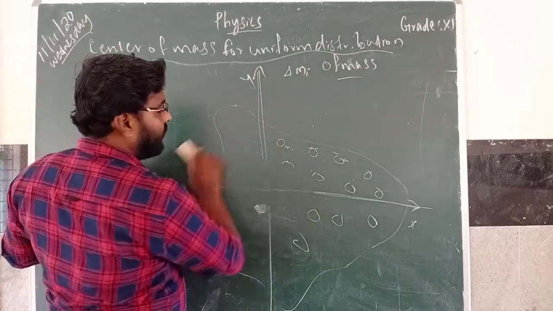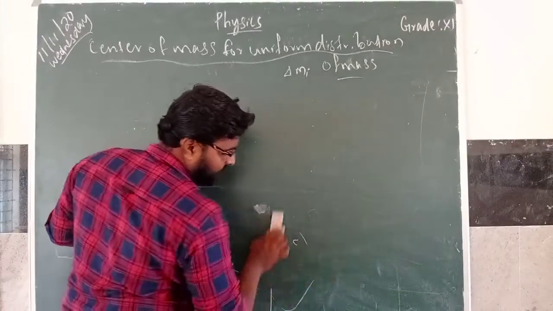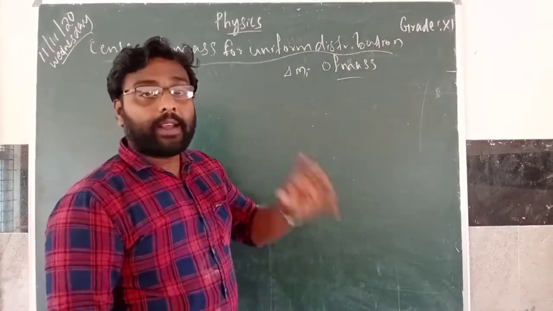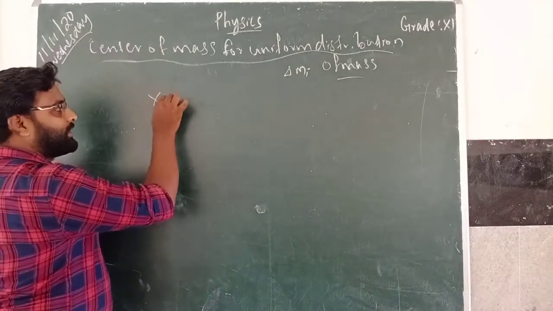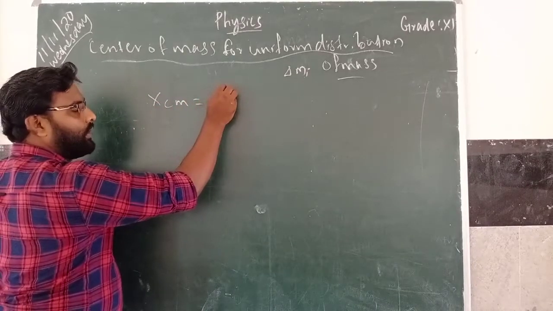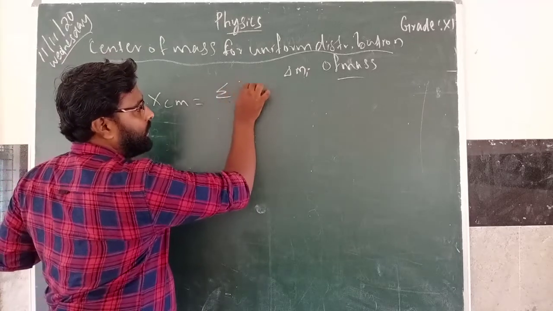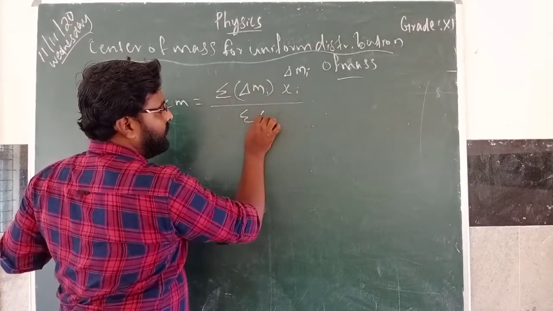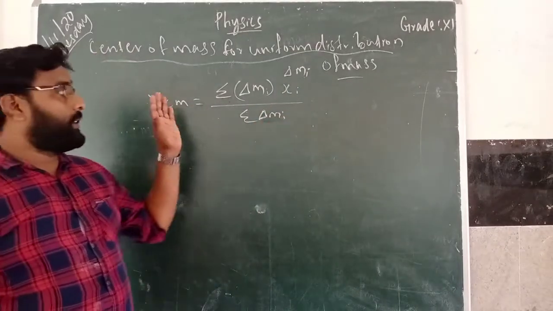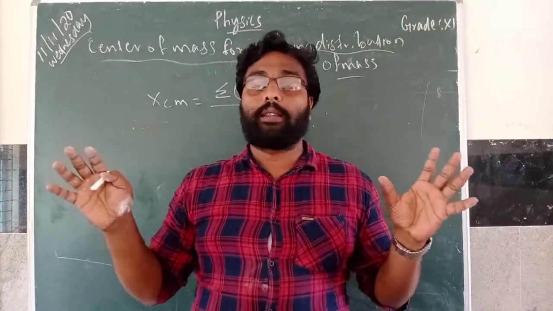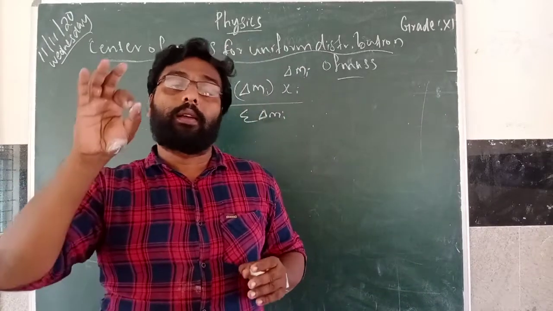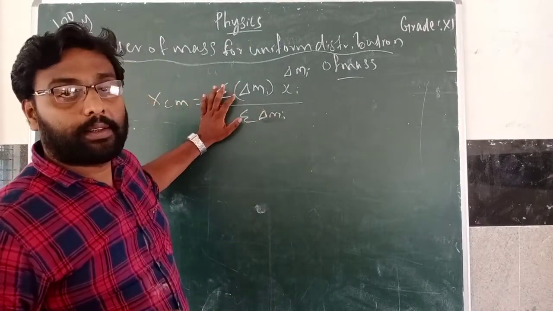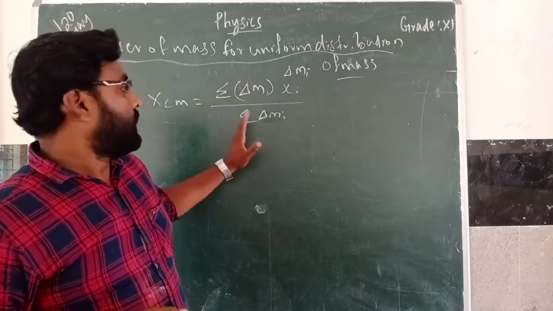After distribution, you can find the center of mass along the x-axis. If the distributed mass is along the x-axis, you can use this formula: x cm is equal to summation delta mi xi divided by summation delta mi.